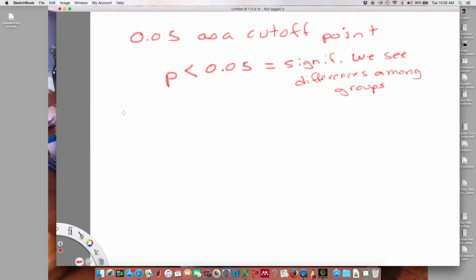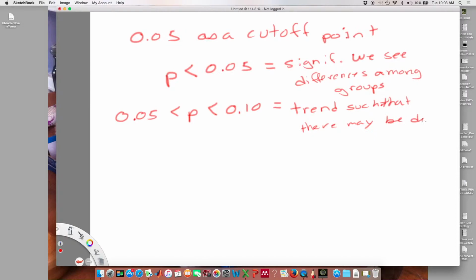All right, what if our p-value is between 0.05 and 0.1? Well, then we say we have a trend. We see a trend in our data. So, for example, we see a trend such that there may be differences among groups.